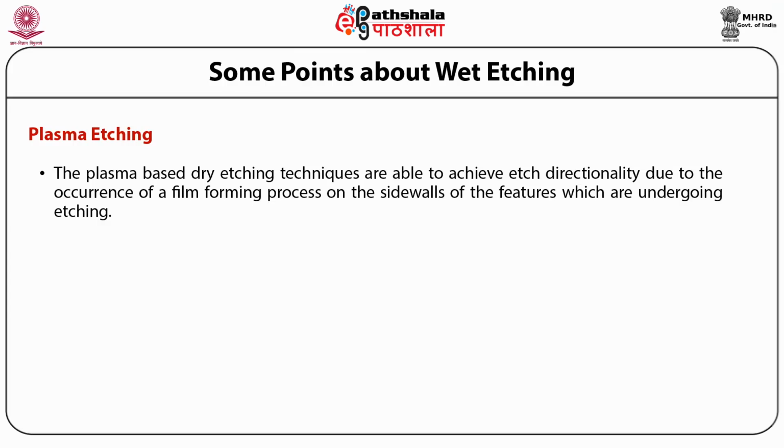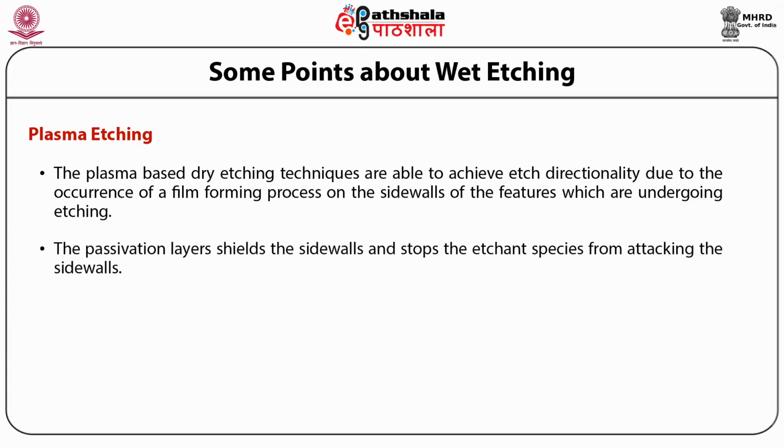the occurrence of a film forming process on the side walls of the features which are undergoing etching. These films are given the name of passivation layers. The passivation layers shield the side walls and stop the etchant species from attacking the side walls.